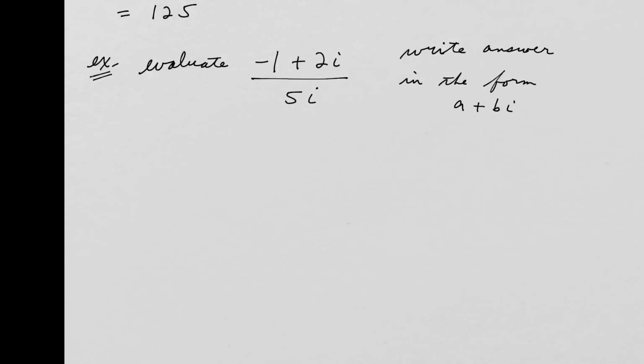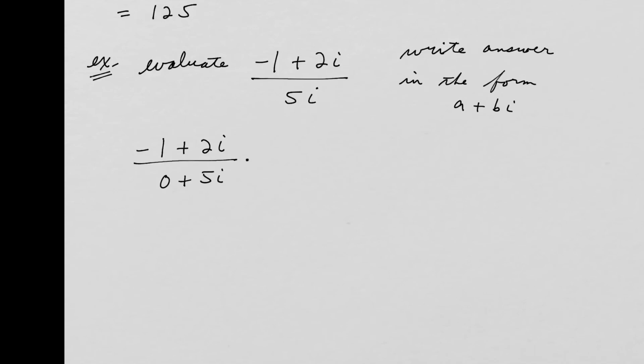So how do we do this? Well, we have to get the imaginary part out of the denominator, right? Remember, 5i is the same thing as 0 plus 5i.